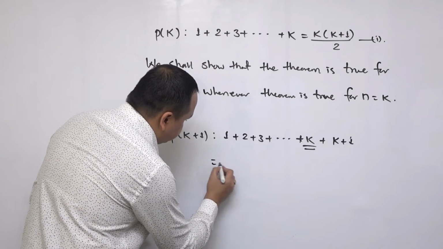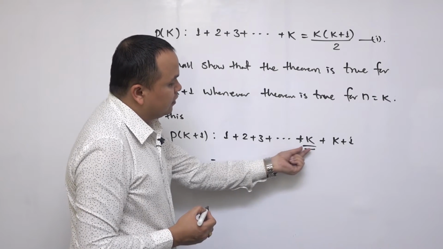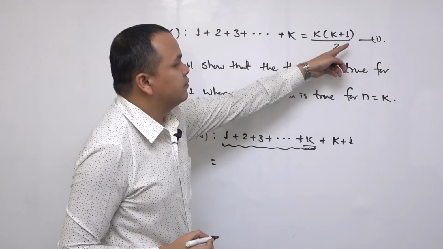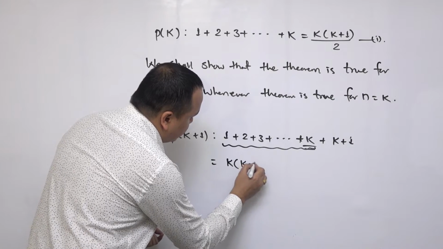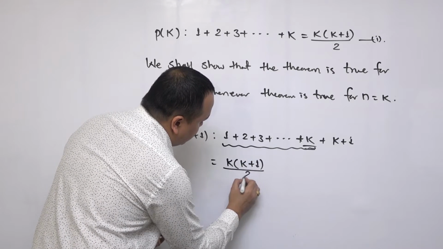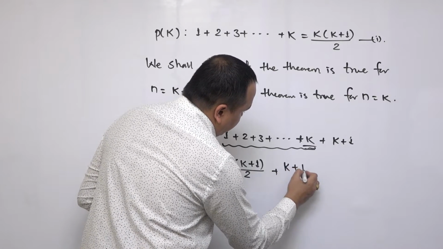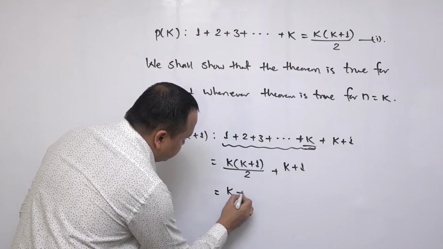And this 1 plus 2 plus 3 plus up to k, from I, is k times k plus 1 divided by 2, plus the next term k plus 1. Here k plus 1 is common.